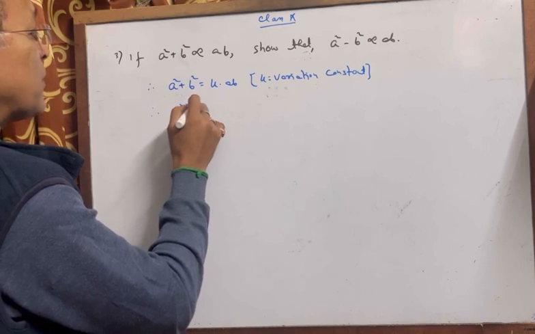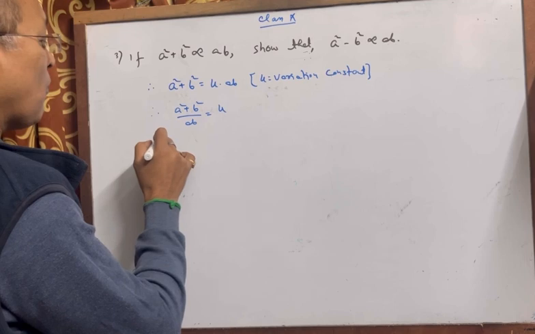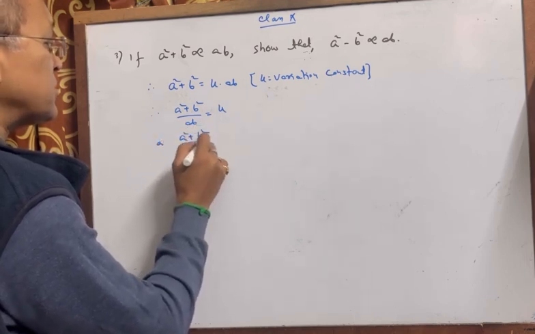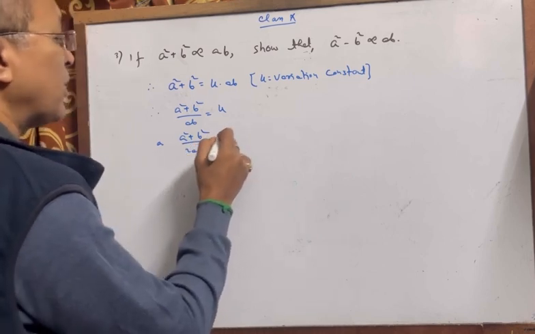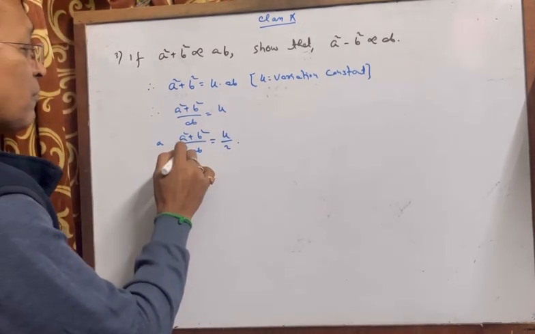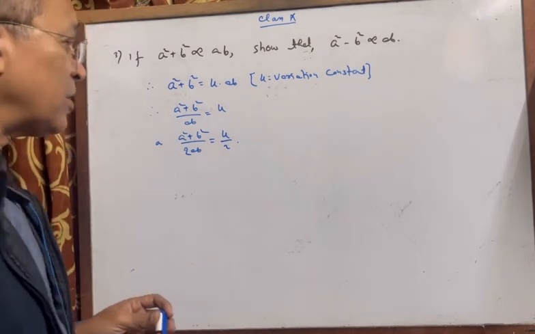Now we can say a square plus b square by ab is equal to k, or we can say a square plus b square by 2ab, that is multiplying the denominator by 2, we got k by 2. Try to understand. A square plus b square by 2ab is equal to k by 2.